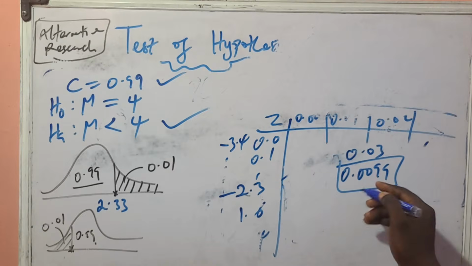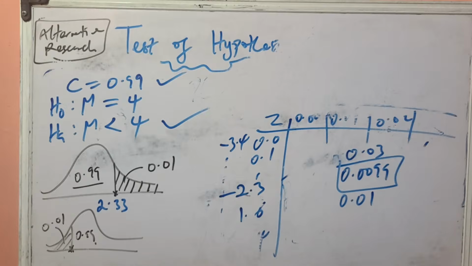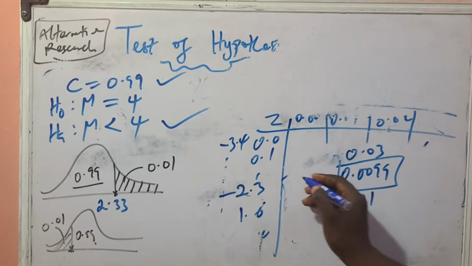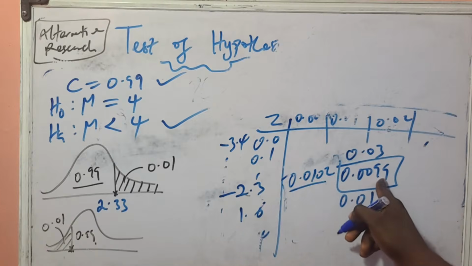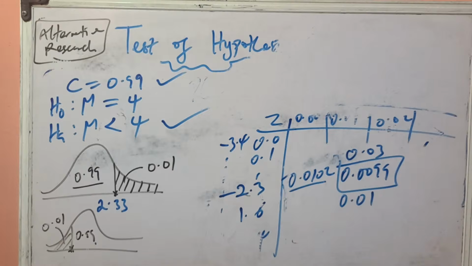Now, this is closer to 0.01 than the other one close by, that was 0.0102. This is close, but not as close as this. So we're going to be using minus 2.33 as our Z value in that case. All right.